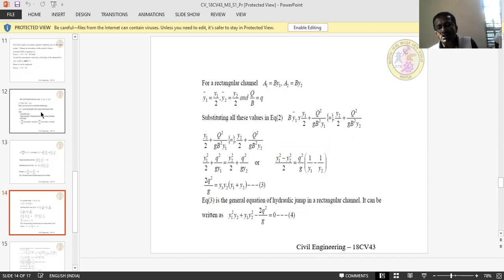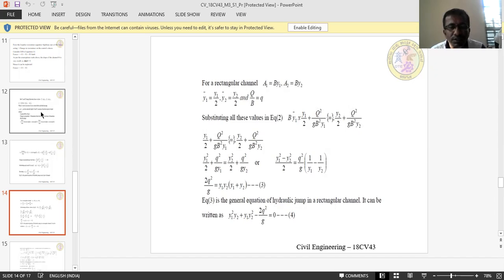Substituting all these values in equation 2, we get y1 by 2 into y1 plus q square by g y1 equals the corresponding terms for y2, and finally after simplification we get equation 3: 2q square by g equals y1 y2 into y1 plus y2.